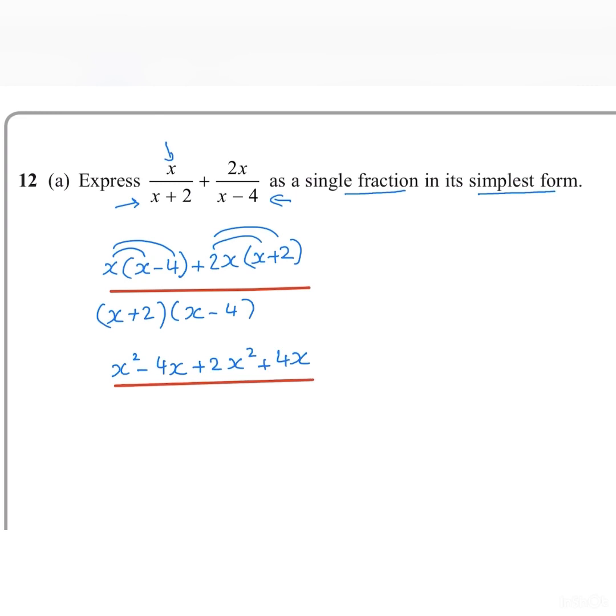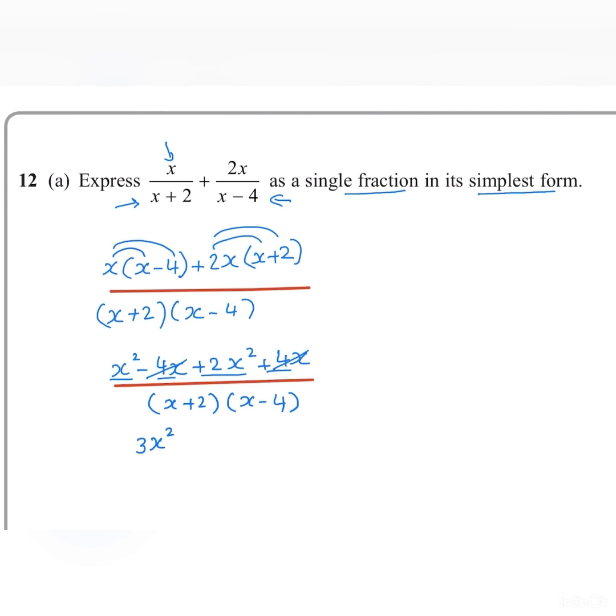We can just leave that in brackets, x plus 2 and x minus 4. Okay, now simplify the numerator. We have x squared and plus 2x squared, so that's 3x squared, and then minus 4x and plus 4x is 0, it's going to cancel out.